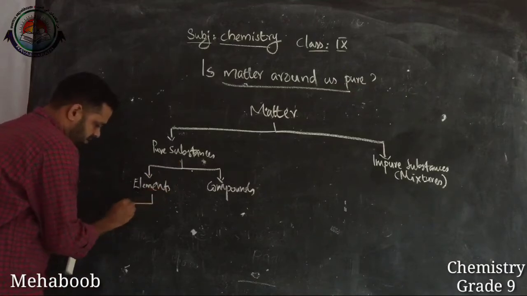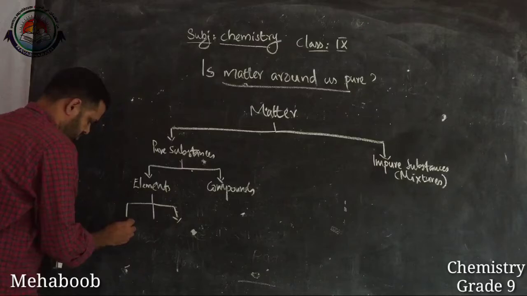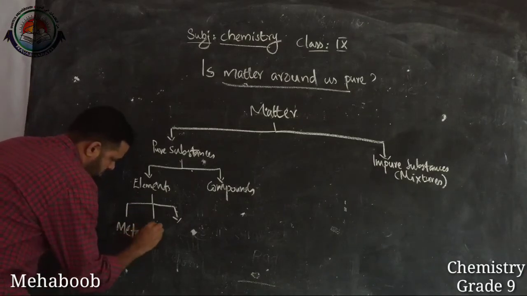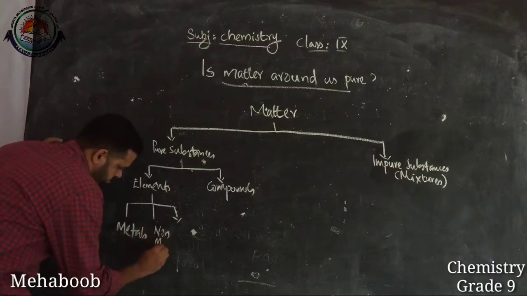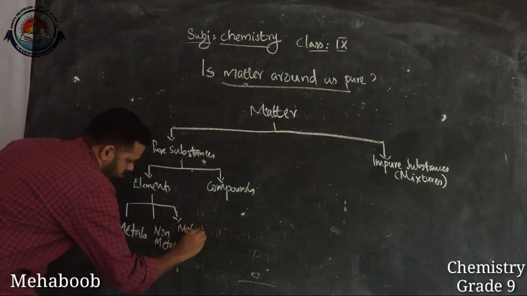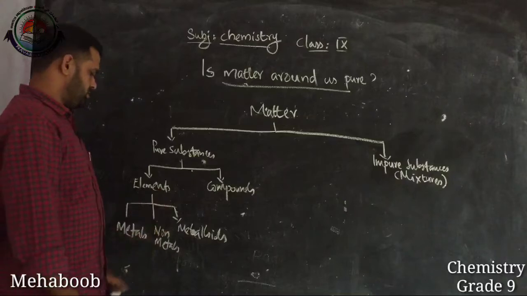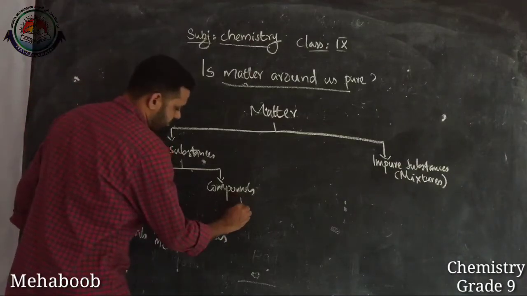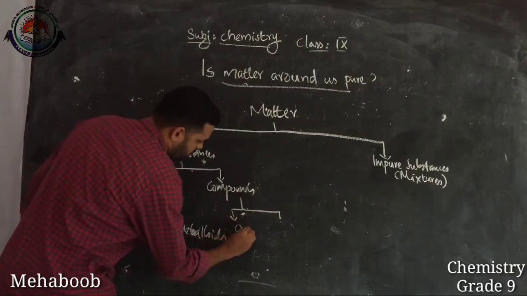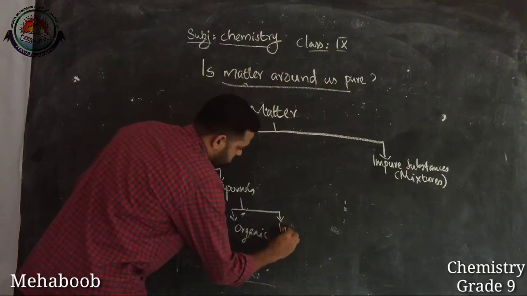These elements can be further classified into three: metals, non-metals and metalloids. And compounds can be further classified into two: organic compounds and inorganic compounds.